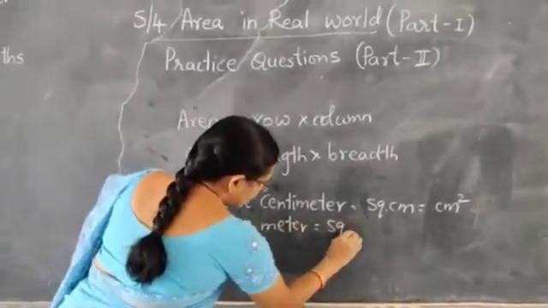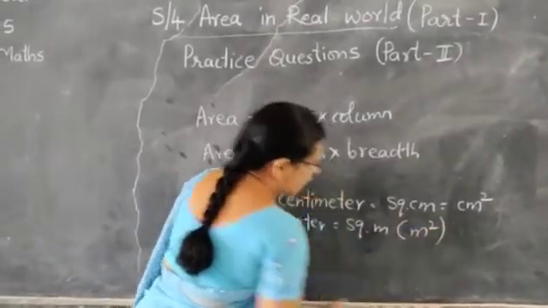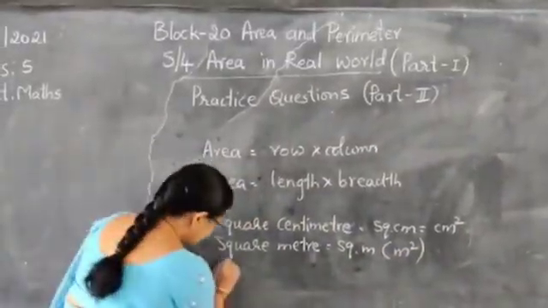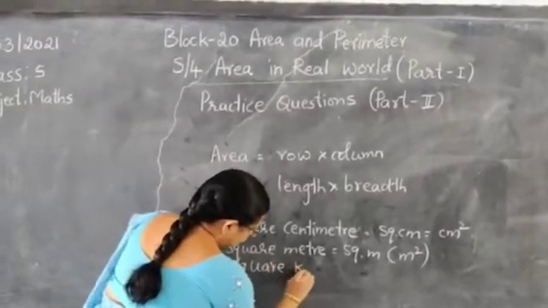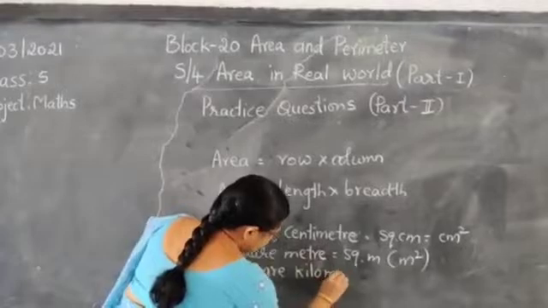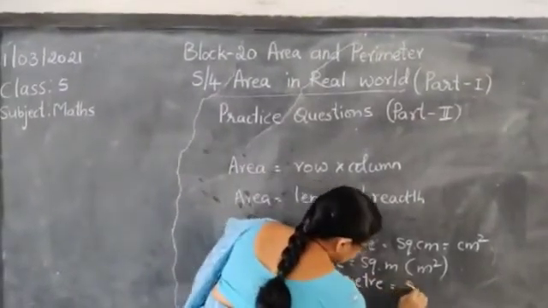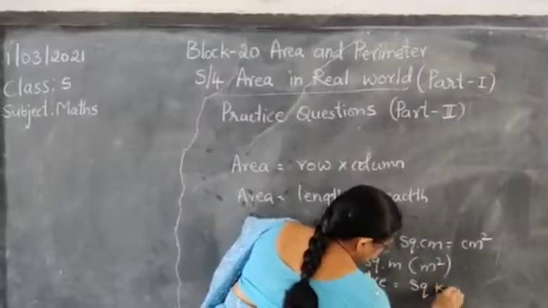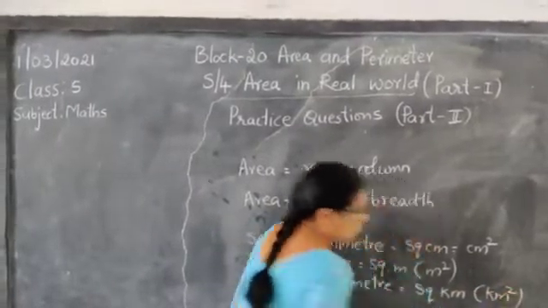This you can write square meter in short form, or you can write meter square. Next one, square kilometer. This you can write square kilometer in short form, or kilometers square.